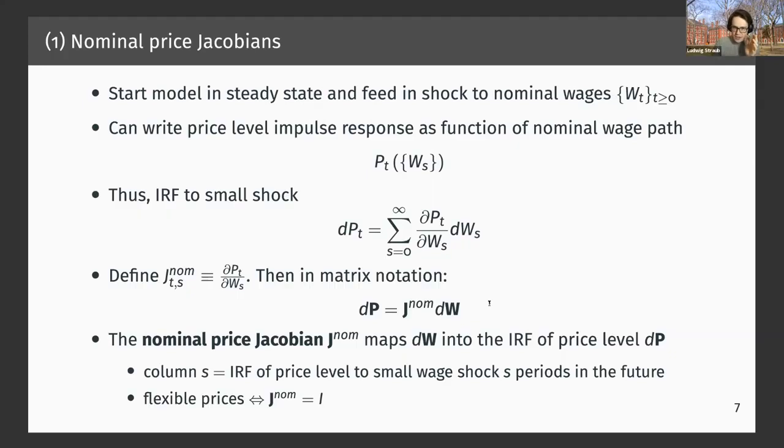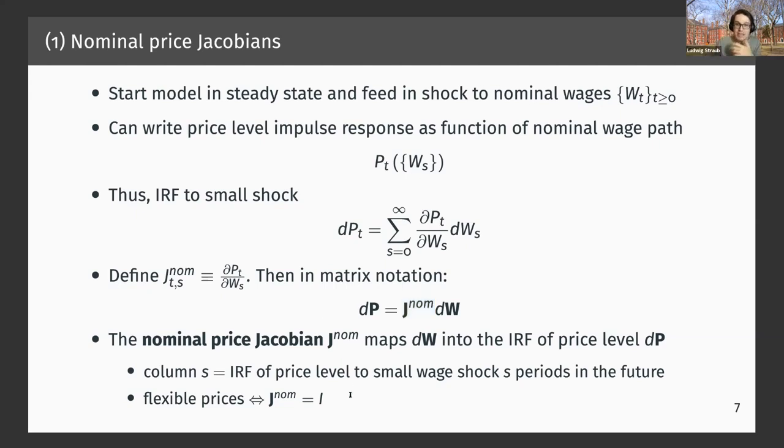And every column of this nominal price Jacobian will correspond basically to an impulse response to a one-time shock to nominal wages. So for example, the first column of this matrix would just be the price level response to a one-time unanticipated shock to nominal wages, like to W0.